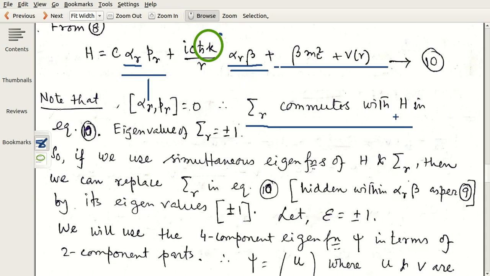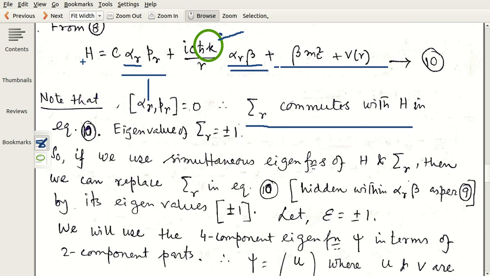So as we have done in case of the k operator, we used the eigenvalues of the k operator because k is commuting with the Hamiltonian, and we will take such eigenfunctions which are simultaneous eigenfunctions of k and h.